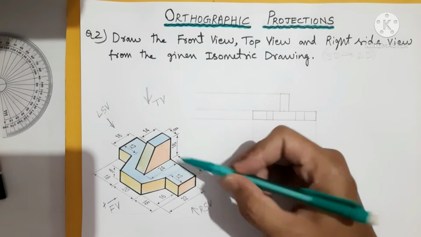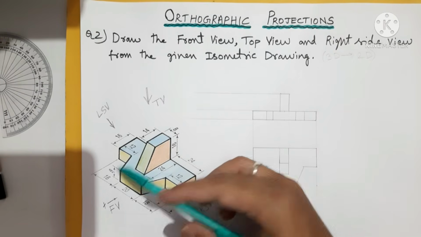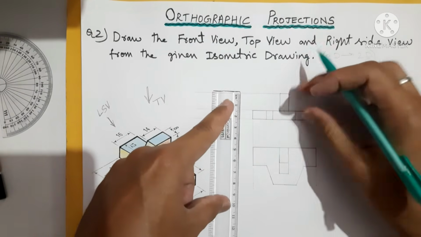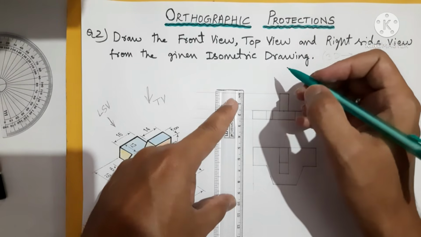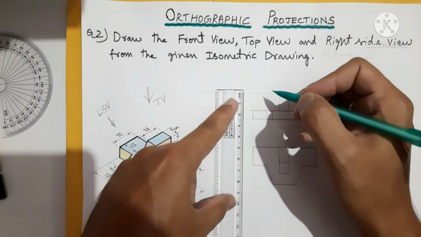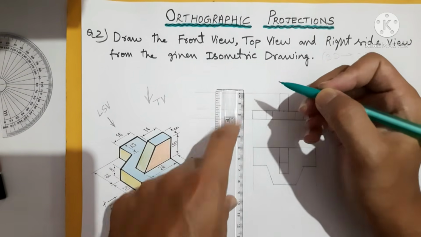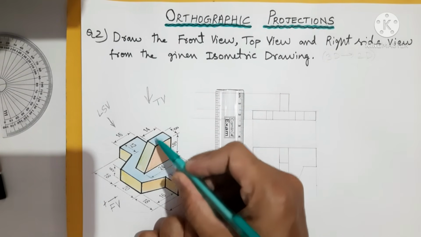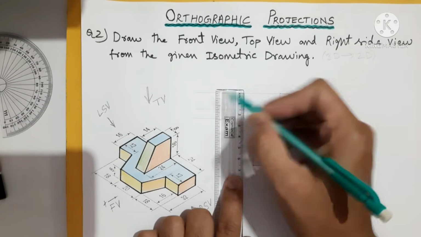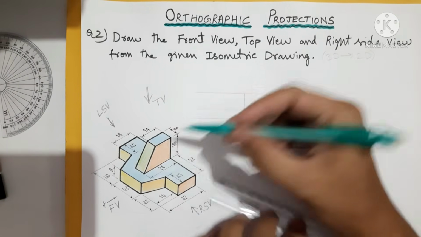So total height from here to here is 16 plus this 8, total 24. Or this projector we have taken from here, we will be getting 24 as the length, which you can see here. So this is the height which you have got, 24, and then in this direction how much is it? 14 from the top. So from the top 14 we will go in that direction like this, which is here.